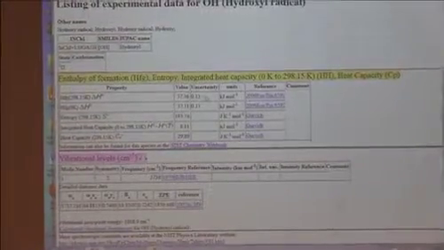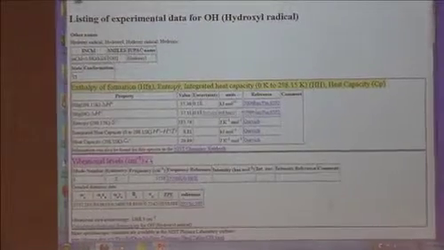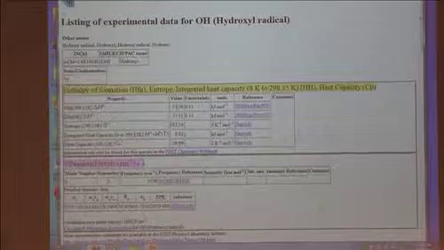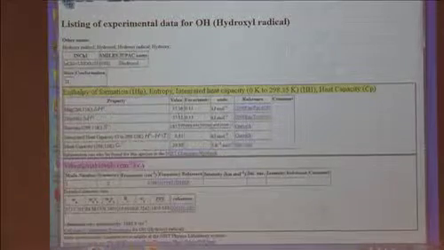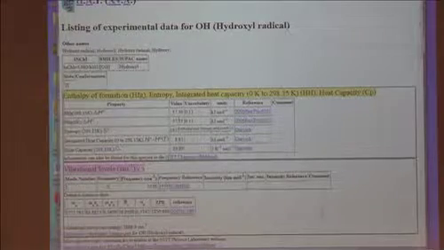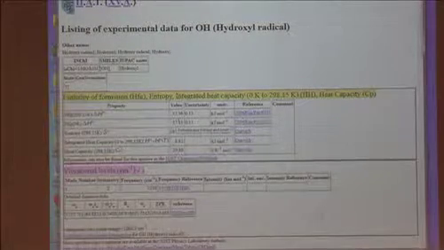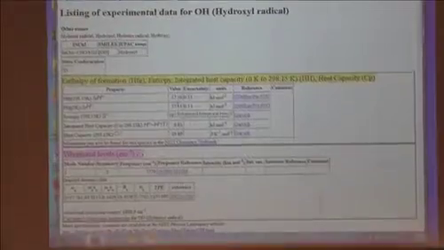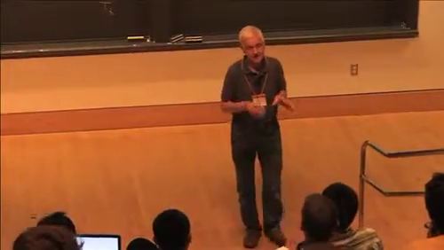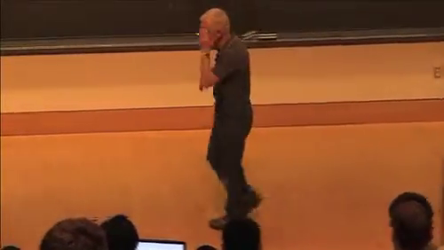So the uncertainty is very small, 0.13 kilojoules per mole, and the value for OH has changed quite a bit from that value from 1998. So I would recommend that you use this NIST database, but with a health warning, and certainly check this CCC database, because that's a good way of looking up information.